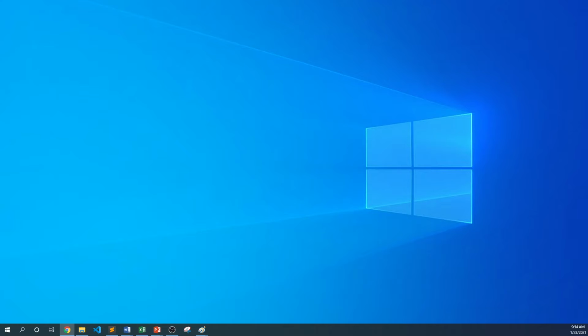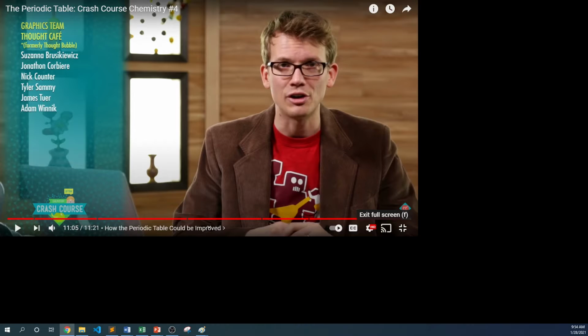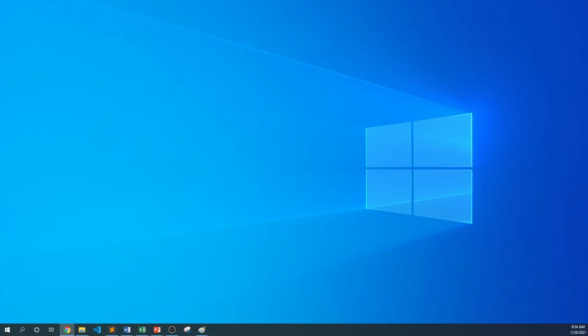So I'm going to pull up Mendeleev's periodic table. You'll notice some differences between his table and the current one. So here is his periodic table.